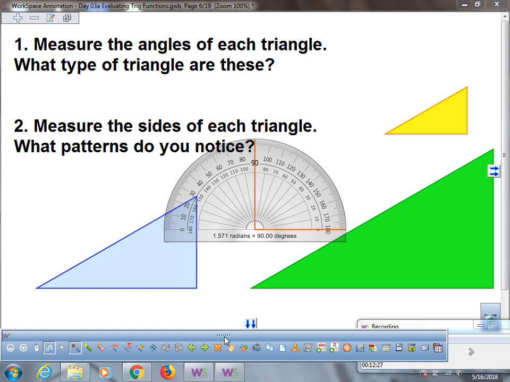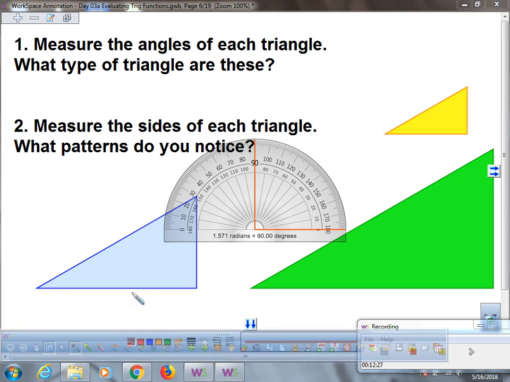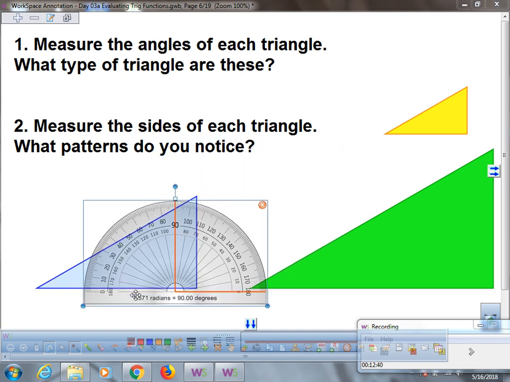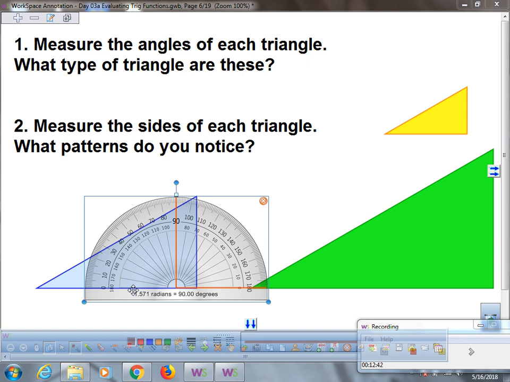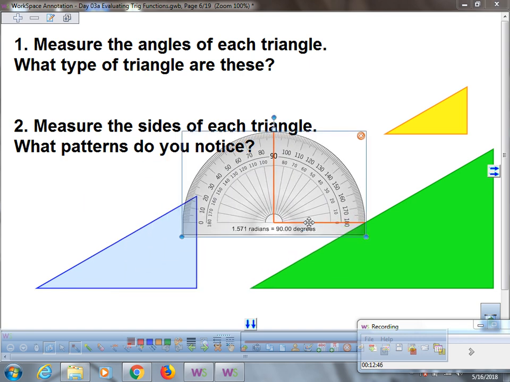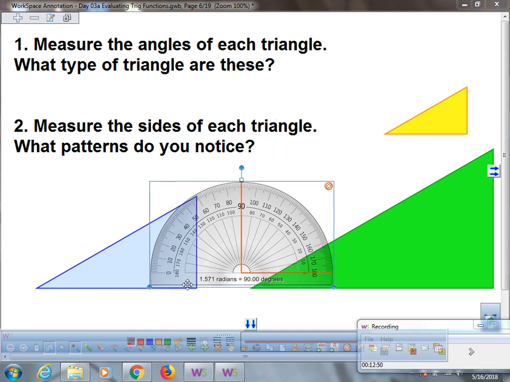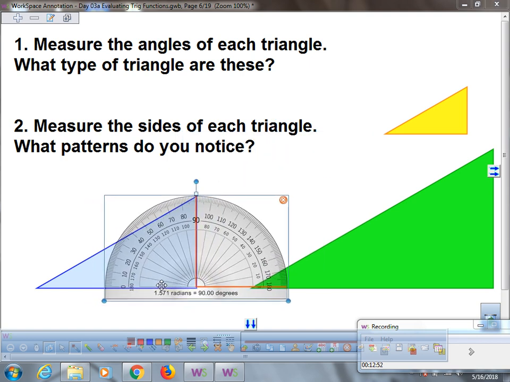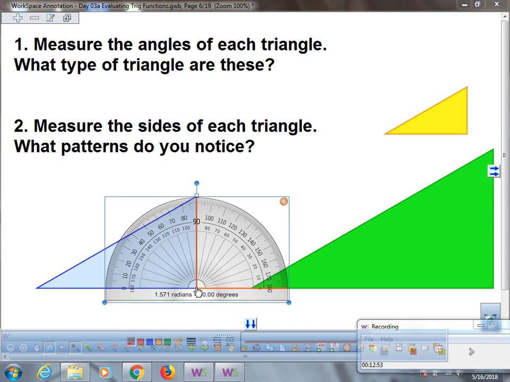This right here is a straight line, and you're going to line it up with your straight line. Then the middle of it has to touch the corner. Now I can measure the angle, and the angle is at 90 degrees.